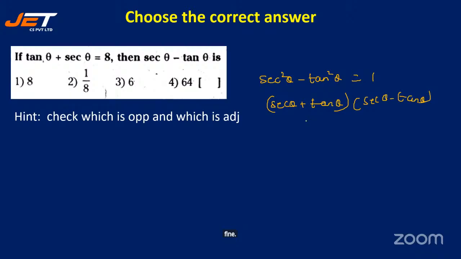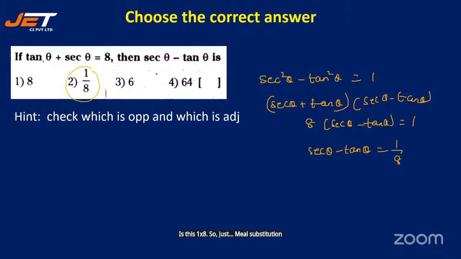So secant theta plus tan theta is 8. 8 into secant theta minus tan theta is 1. So what is secant theta minus tan theta? It is 1 by 8. So just mere substitution of the identity.